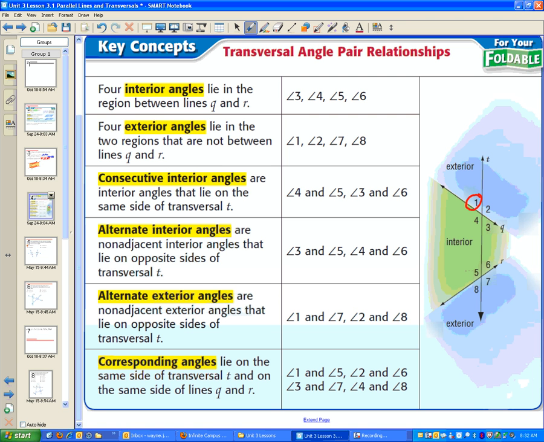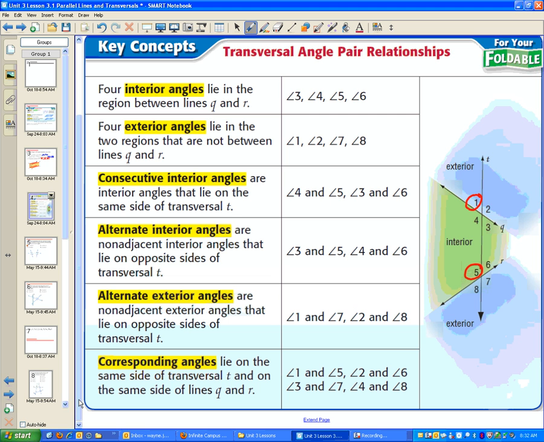It's to the left of the transversal, it's above line Q. So the angle that corresponds to it must be to the left of the transversal and above line R. So what angle is to the left of the transversal and above line R? 5. Notice that one of those angles is exterior, the other one is interior.